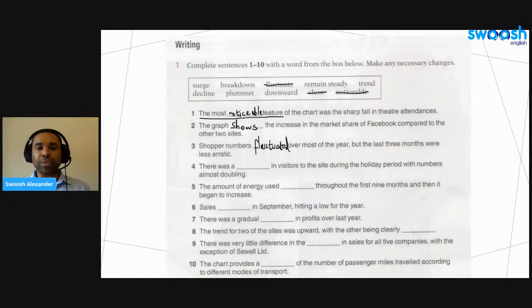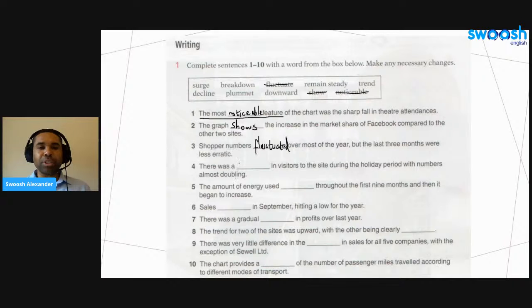Okay, moving on to number 4. Any ideas for number 4? What do we think? Okay, so Nana suggesting decline, Jayshree suggesting surge. Well, it says numbers almost doubling.